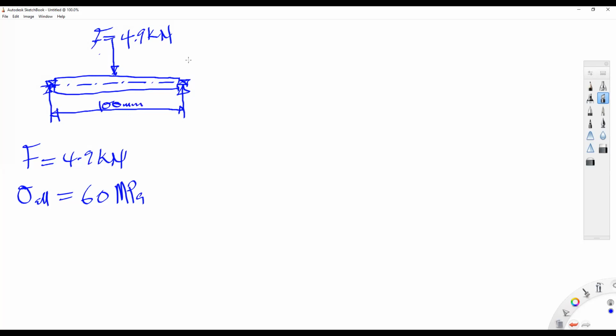Then this force is acting in the middle. The force acts in the middle of the axle, so it's acting halfway. So we can see that the distance between the force and the bearings should be what? 50 millimeters.